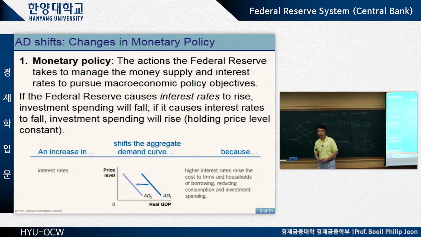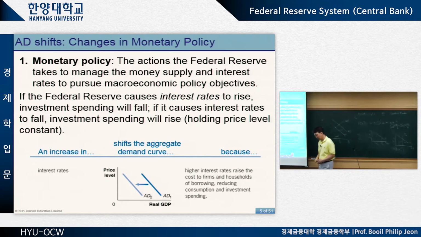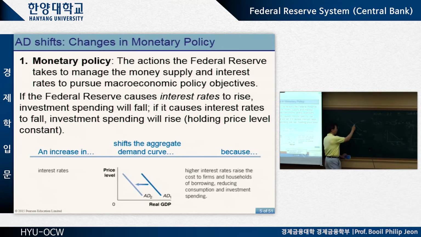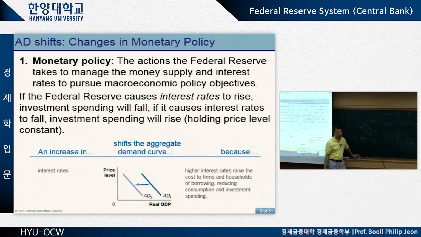Of course, it's not all good, right? I mean, there is a cost, right? Because if you do that, the price level will rise. Okay? So I told you already that there is a trade-off between inflation and unemployment, right?